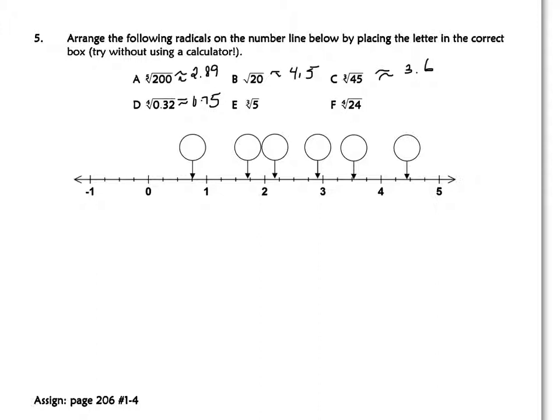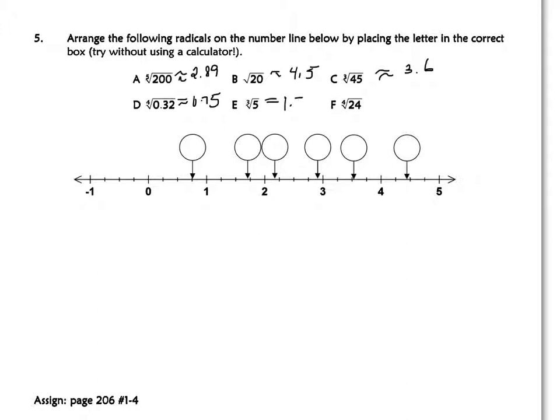And then the cube root of 5, again, that's going to be something between 1 and 2. So if we check that, the cube root of 5, we get 1.7.